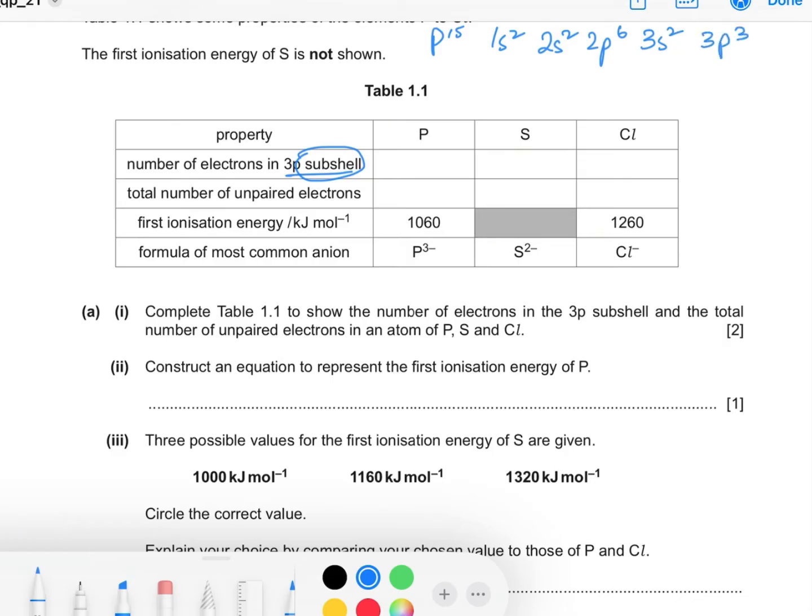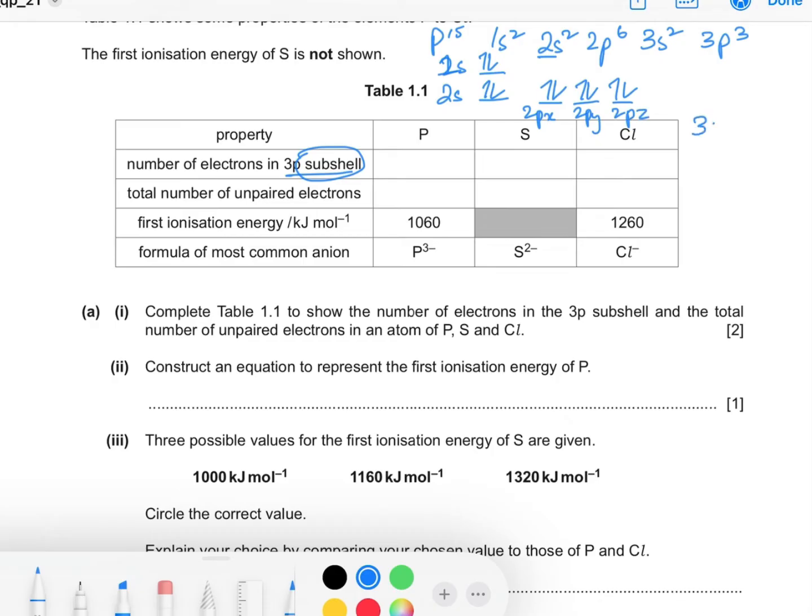What that means is the 1s orbital is occupied by 2 electrons, the 2s orbital is also occupied by 2 electrons, and then you have the 2p orbitals. So you have 3 orbitals and they are occupied by 6 electrons. These are 2px, 2py and 2pz orbitals.